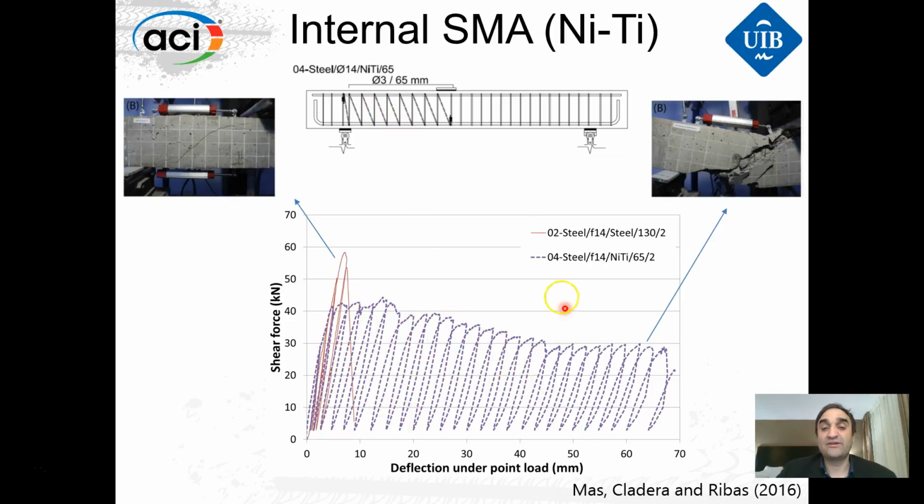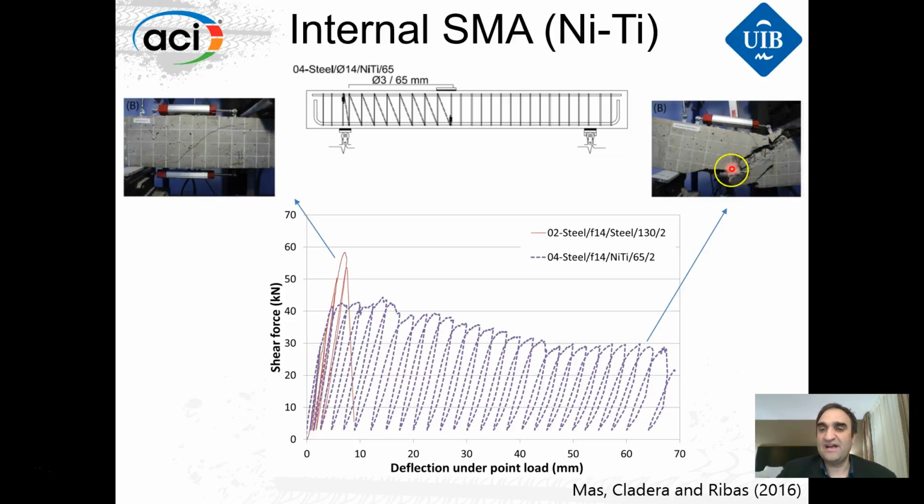And this is work carried out by Benito for his PhD thesis. And you can see here, this is a beam with steel stirrups, and you can see that after the maximum load, the behavior is very fragile. It's not ductile at all. But in this beam here with the spiral, this reference beam, I repeat, only has steel stirrups.